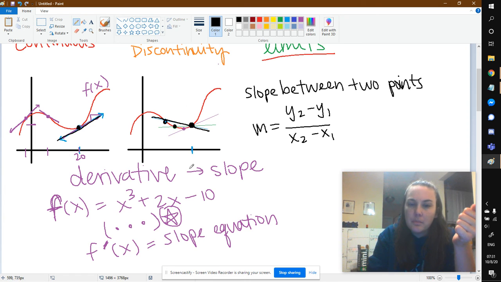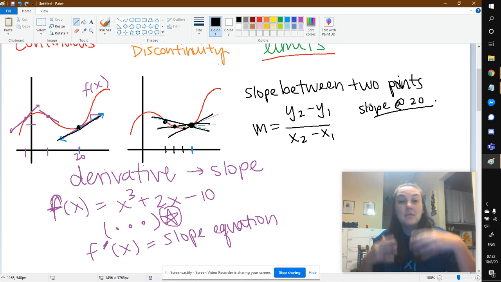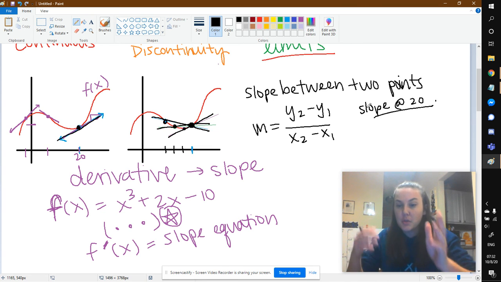So let's take a closer point. Let's say, okay, maybe picking 20 and 10 was a bad idea. Let's pick 20 and 15. You take those slopes. That line's a little closer to this one. It's flattening out. Say we took 20 and 18. That's getting better. If we want the slope at 20, the best point would be either 19.99999999999 kind of thing, or 20.0000000000001.